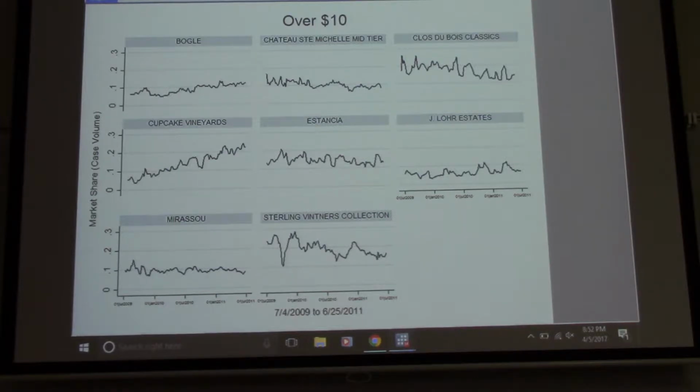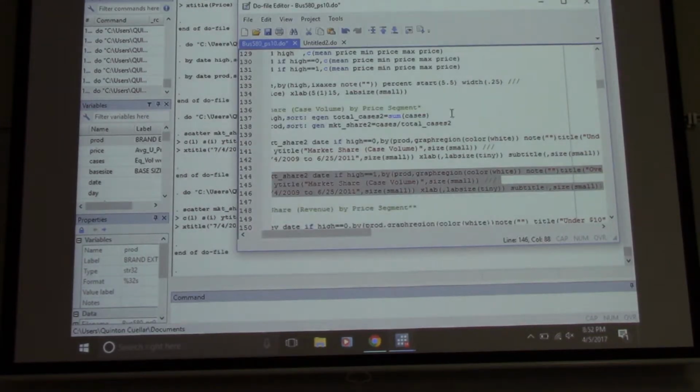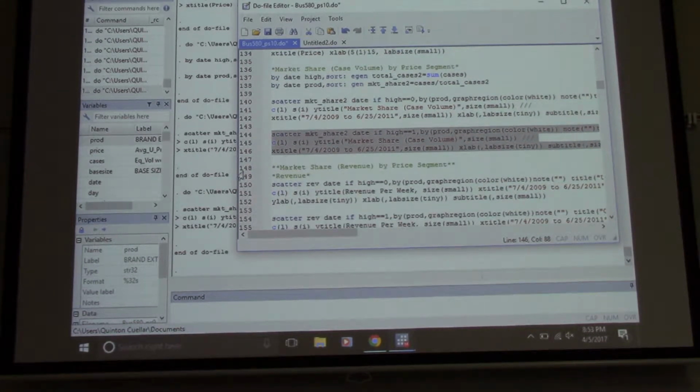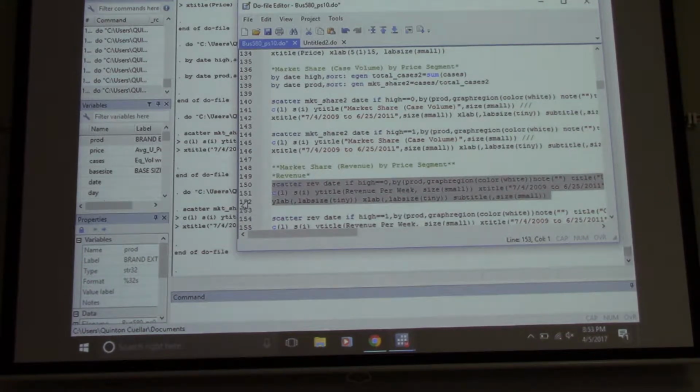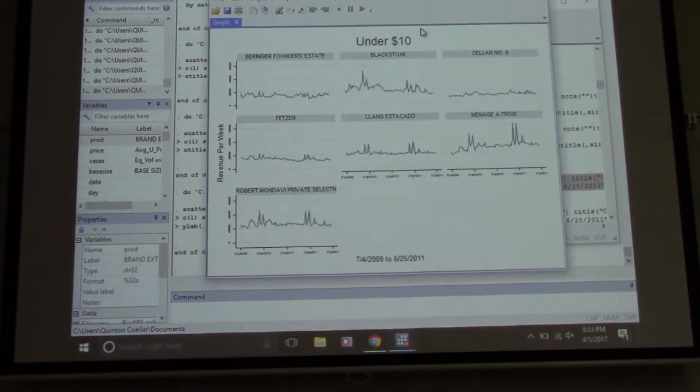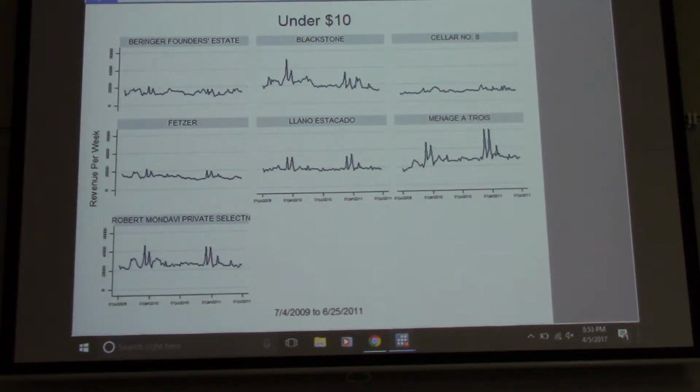So definitely a different view, and perhaps a better, more comparable view. It's all about comparisons. All right, this is revenue. Not a whole lot happening.